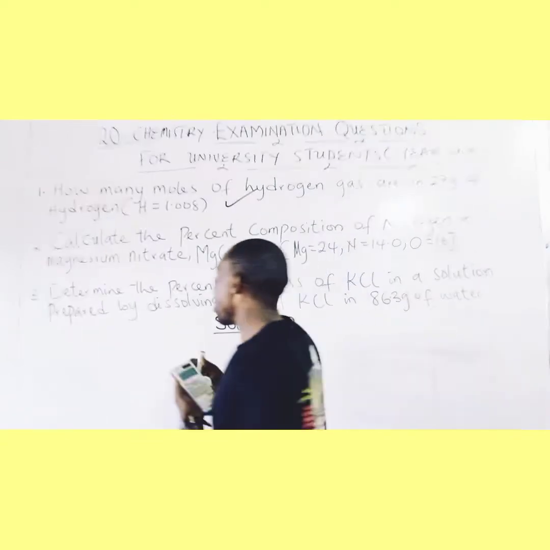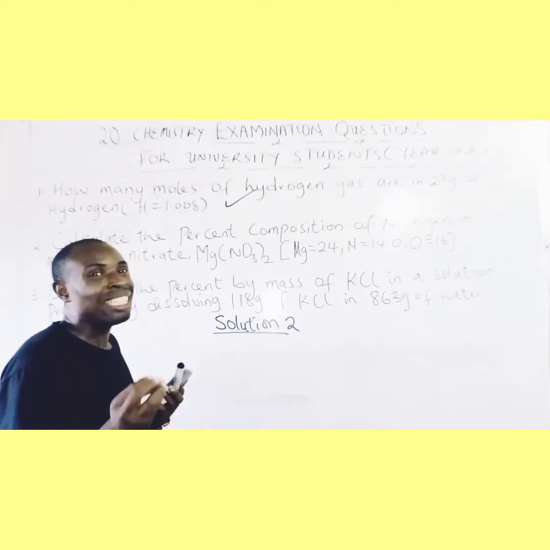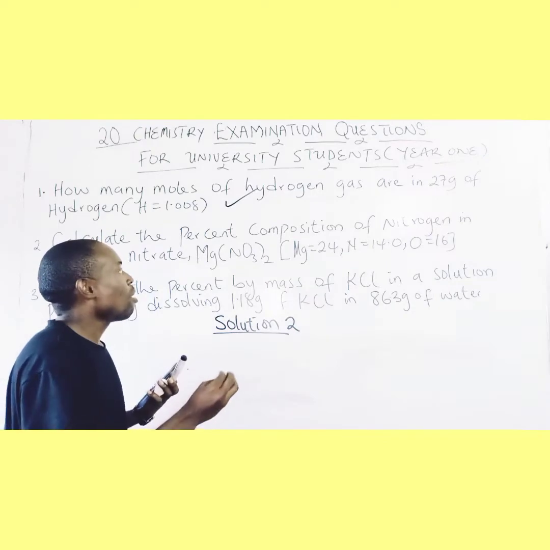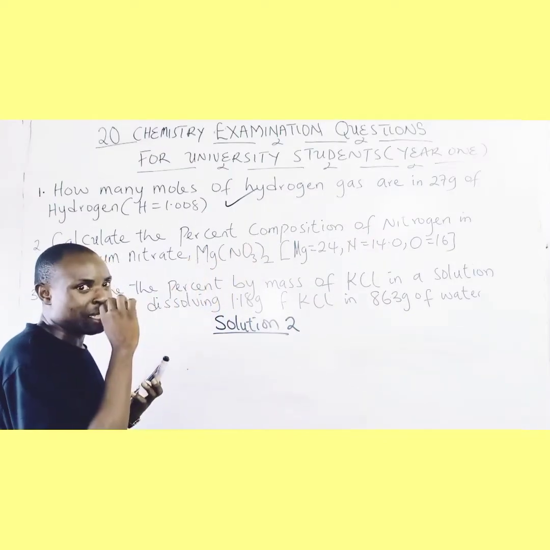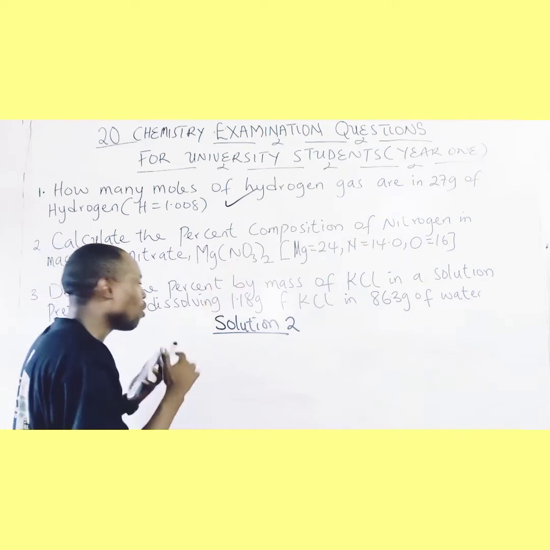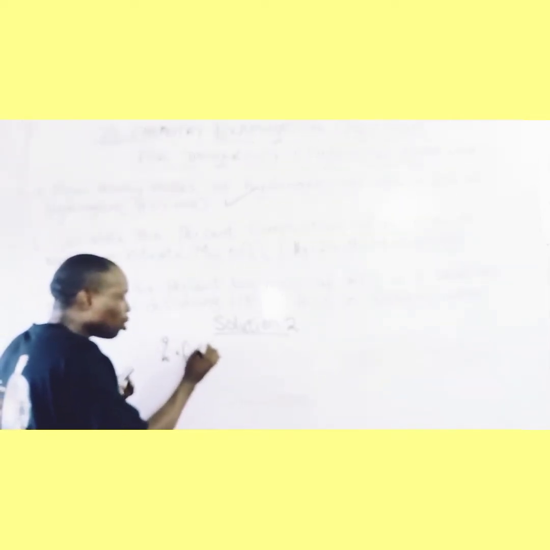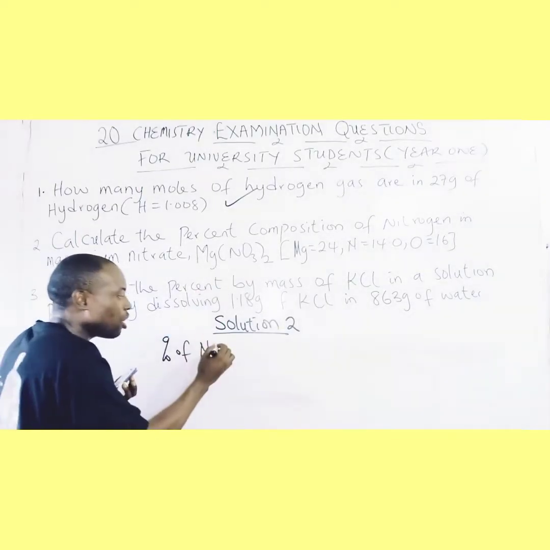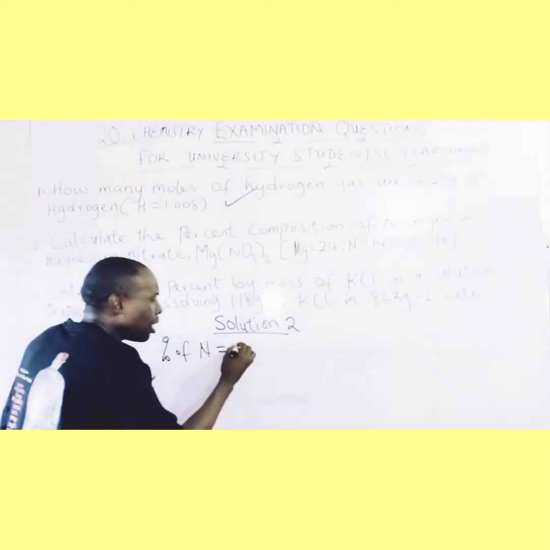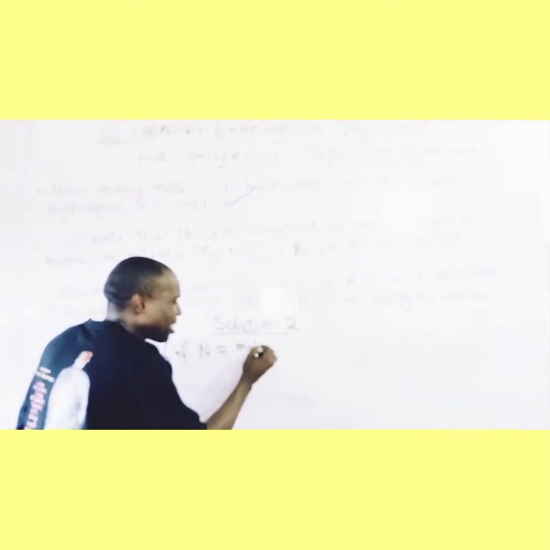Very simple. This one involves percentage by mass, or percentage composition of elements. And we're looking for nitrogen.